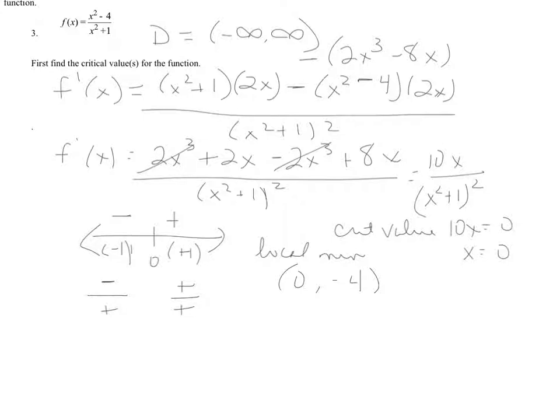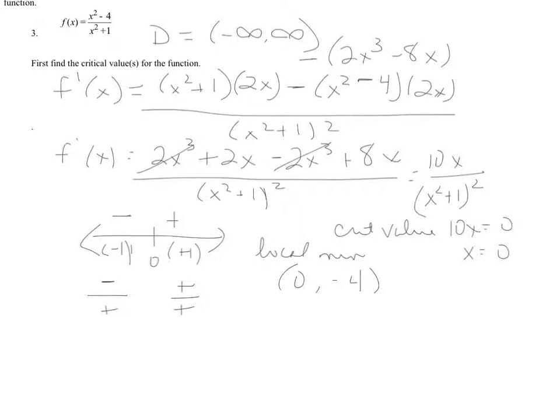We could use that second derivative test. Now, I will tell you, because this thing is already a fraction, using that second derivative test means I'm going to have to use the quotient rule, or I'm going to have to use the product rule, and either way, I've got a chain rule going on here, because notice what's in the parentheses has an x squared with it.